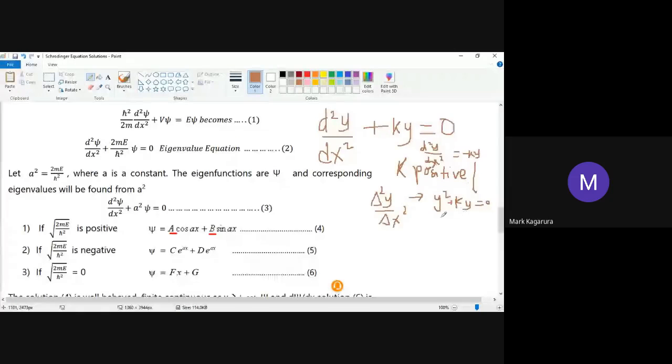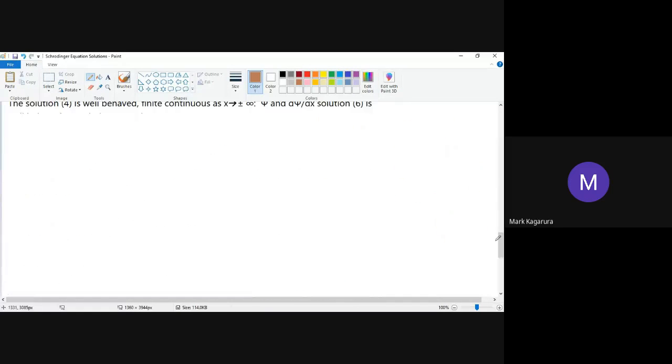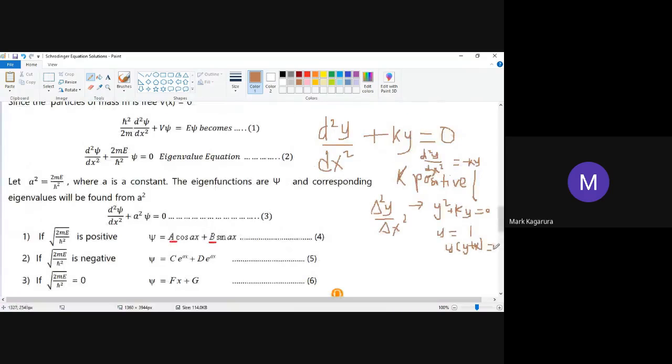So y times (y plus k) is equal to 0. So the solutions are y equal to 0 and y equal to negative k.